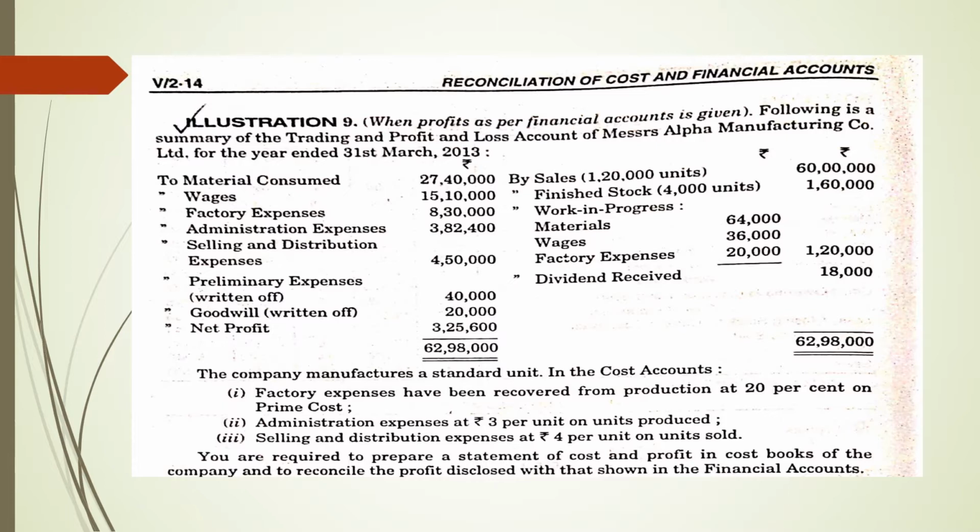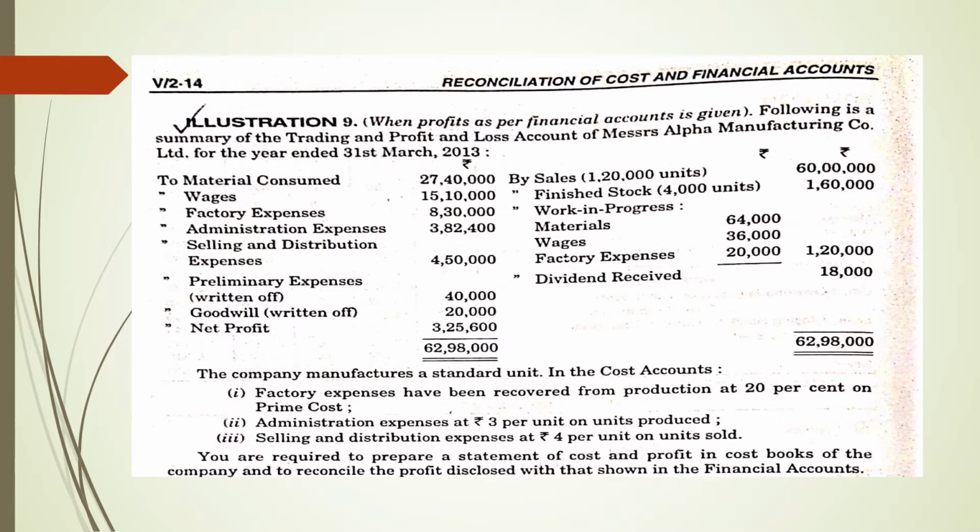The additional information begins that in the cost account, factory expenses have been recovered from production at 20% on prime cost. So, while preparing the statement, first of all we have to find out the prime cost.